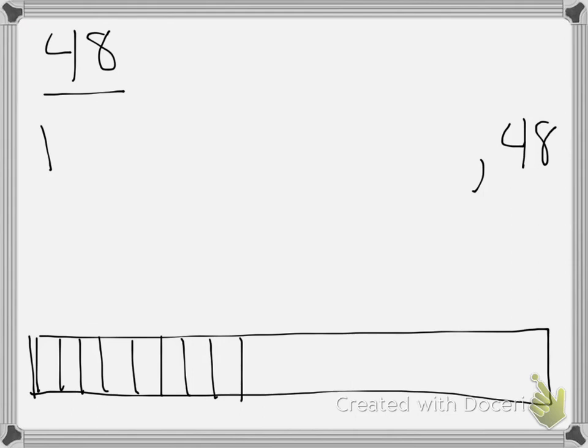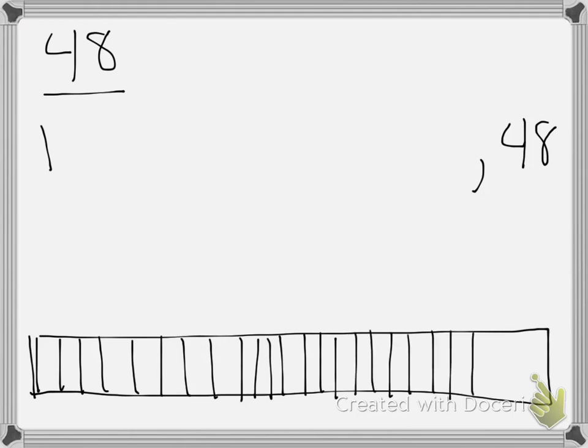1, 2, 3, 4, 5, 6, 7, 8, 9, 10, 11, 12, 24, and then imagine me splitting all of them to get 48. So I'm going to change my color, and in red it's going to be 1 times 48.